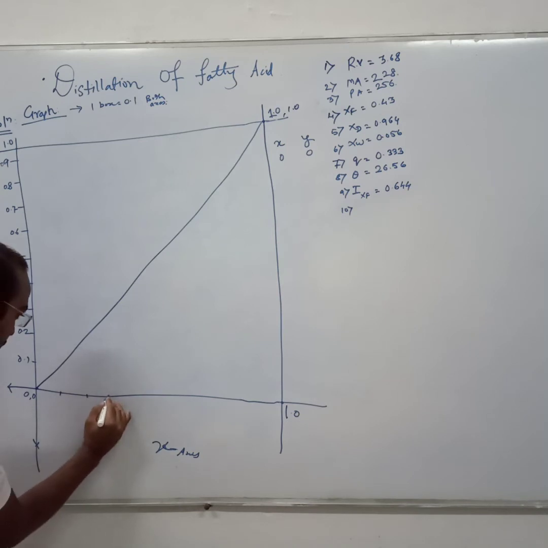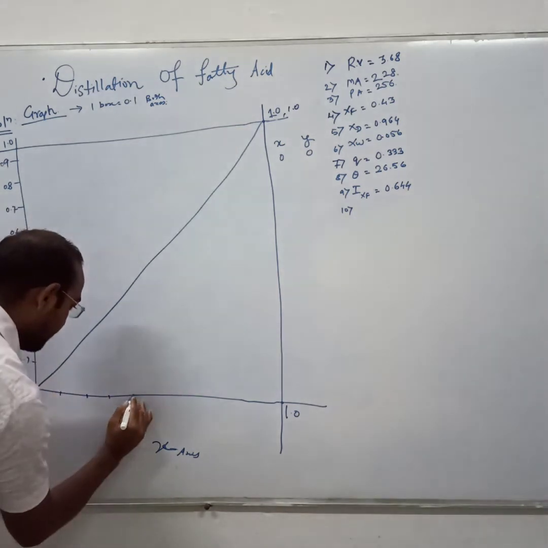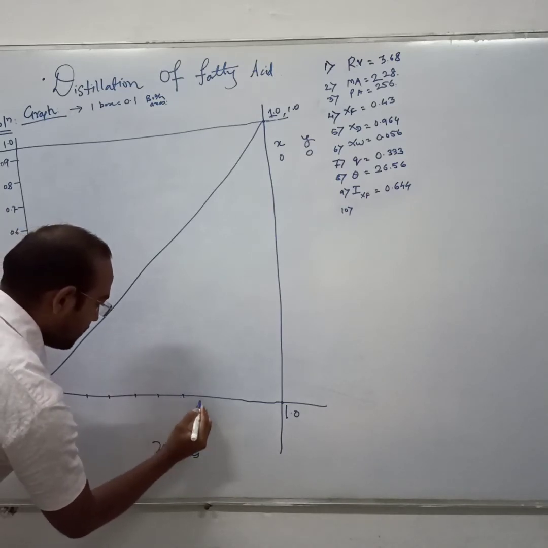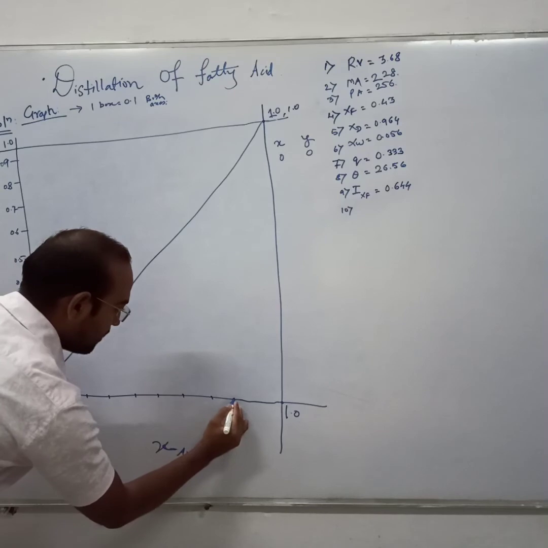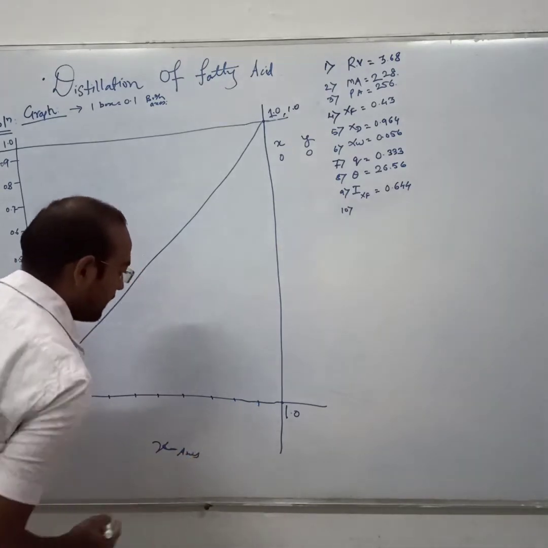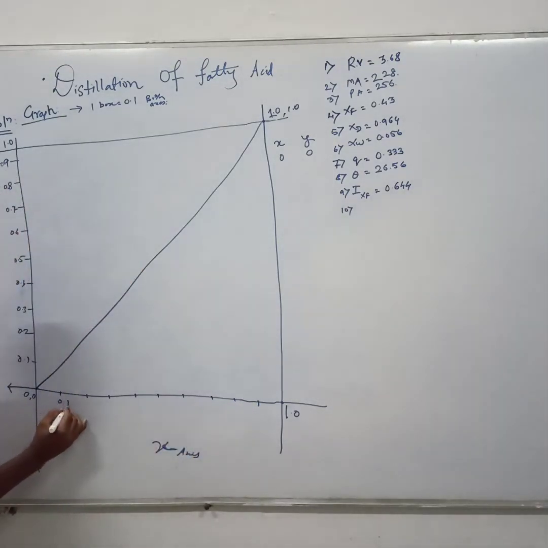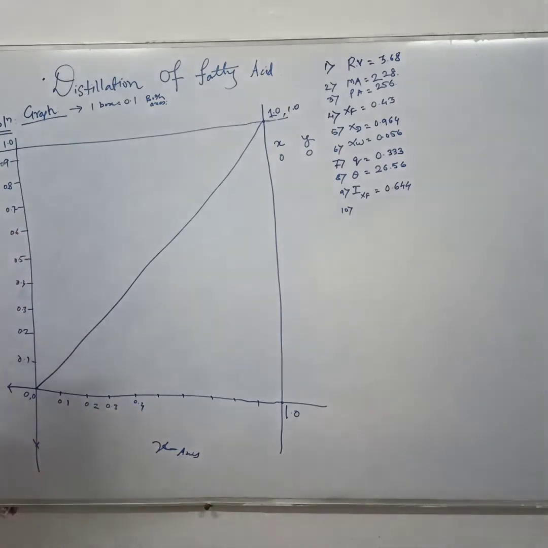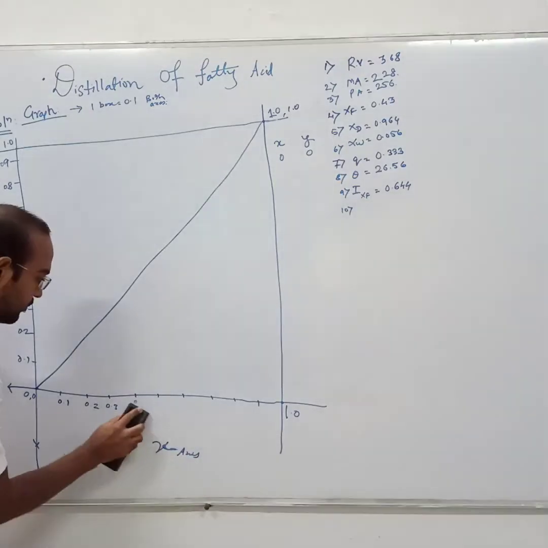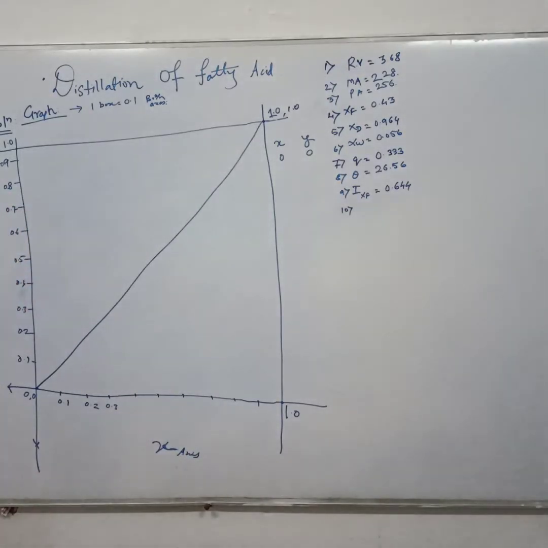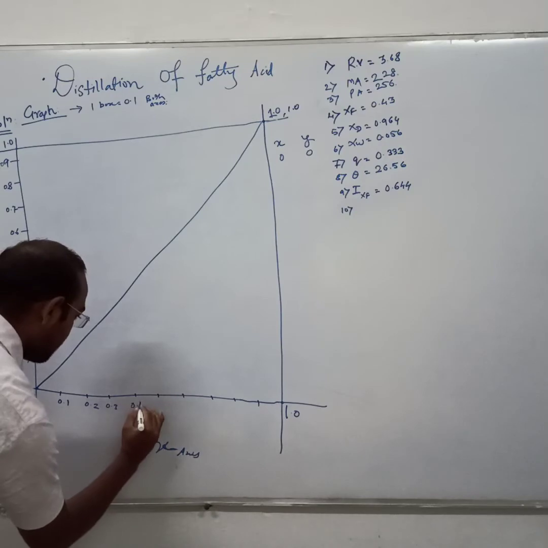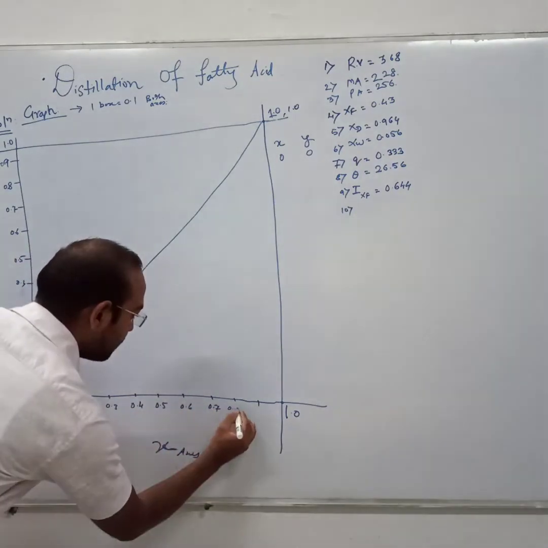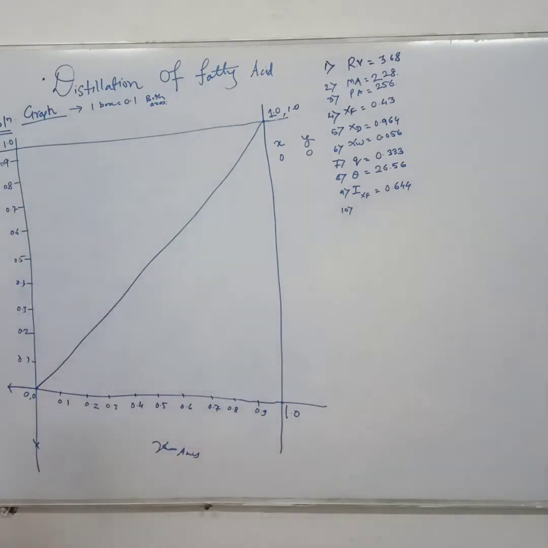0.1, 0.2, 0.3, 0.4, 0.5, 0.6, 0.7, 0.8, 0.9, and 1.0.